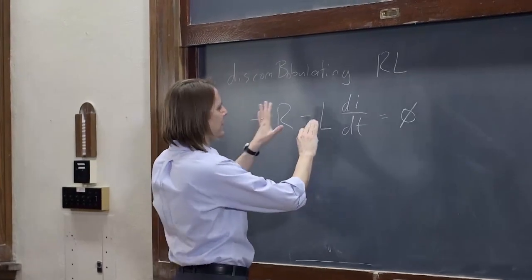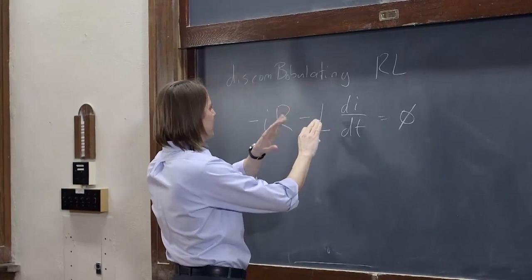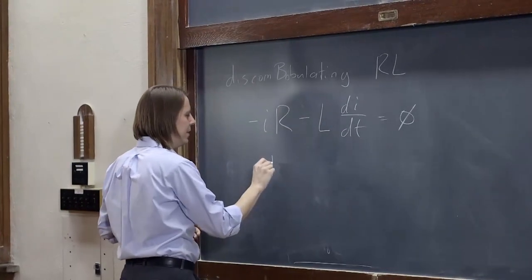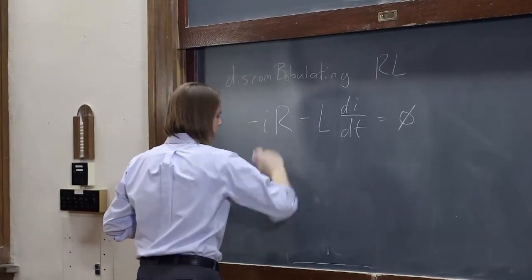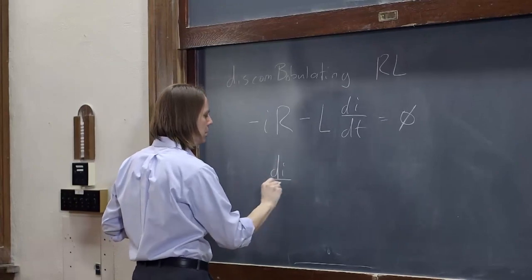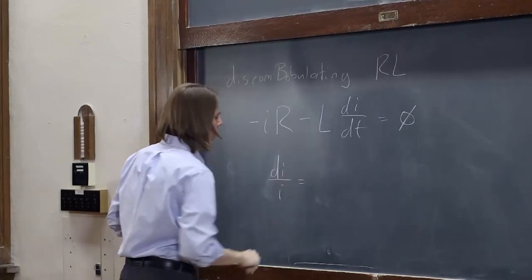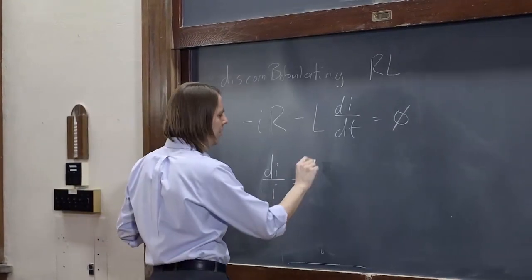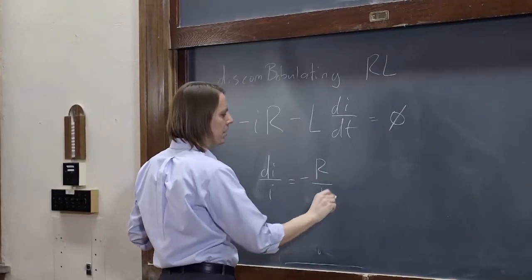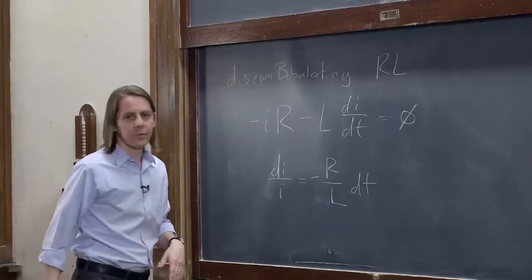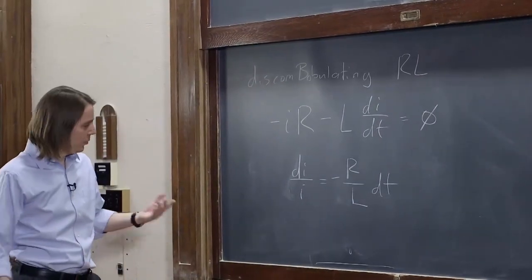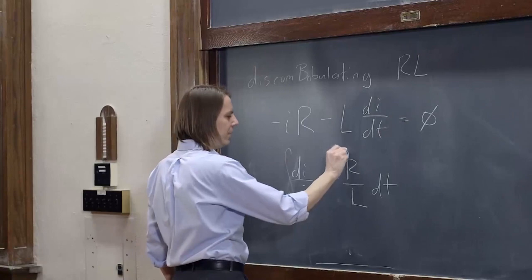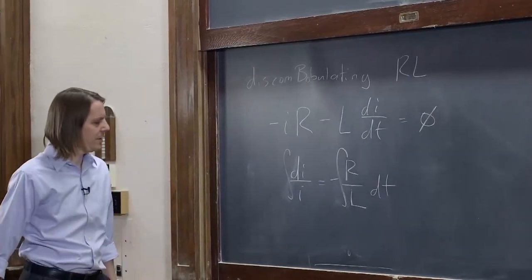Let's see, we're going to bring this over here, and we're going to get dI over I on one side, and then we're going to end up with minus R over L dt on the other side. And we integrate both sides like that. So integrate this side, integrate that side.